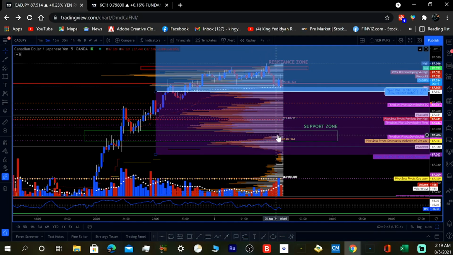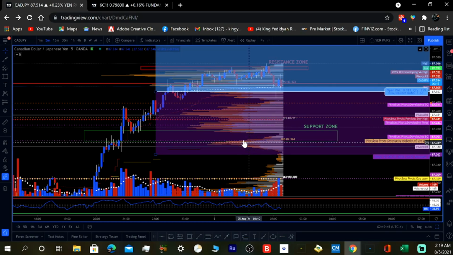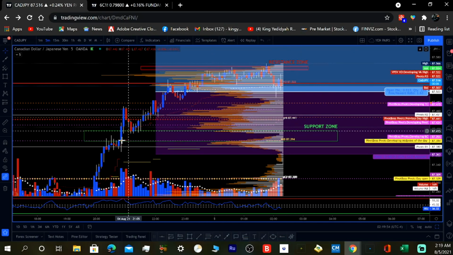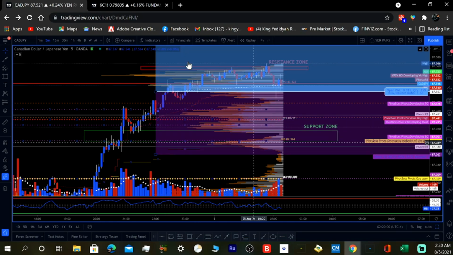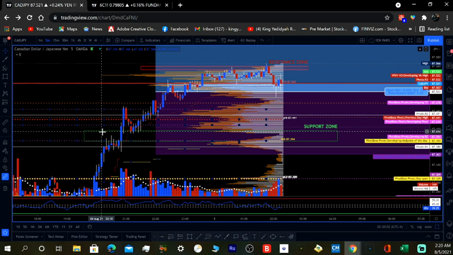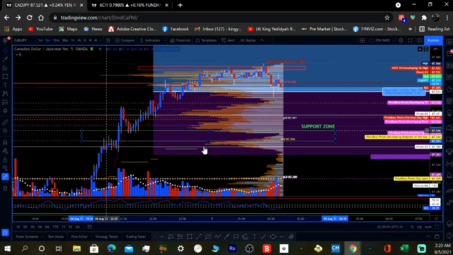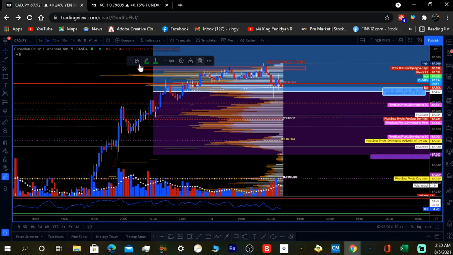We could easily fall through here and then start tangoing with this support. So to me, this is a little more accurate than drawing between here and here as a support zone, because it has more meaning. I'm just drawing a line, but this volume histogram has more meaning behind it than me just drawing a level.